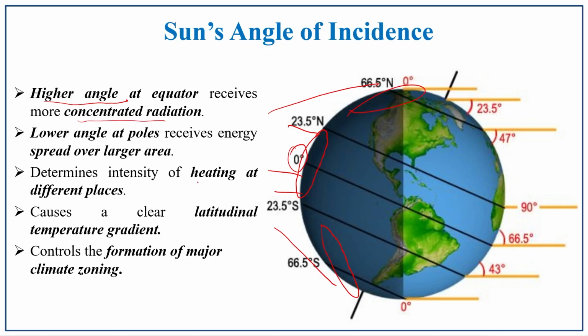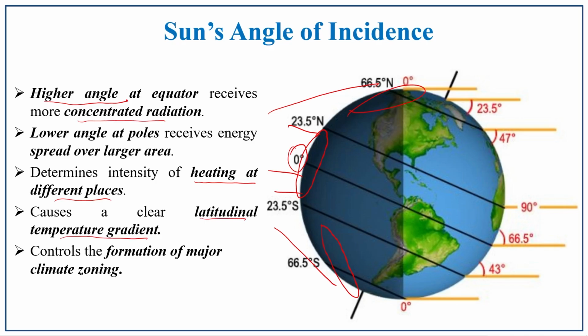This determines the intensity of heating at different places. So, the sun's rays and angles heat different parts of the Earth differently. It also causes the latitudinal temperature gradient. There are temperature gradients in each and every place.